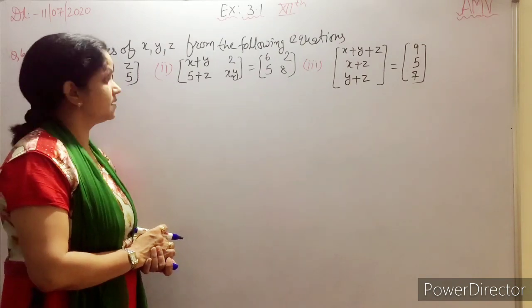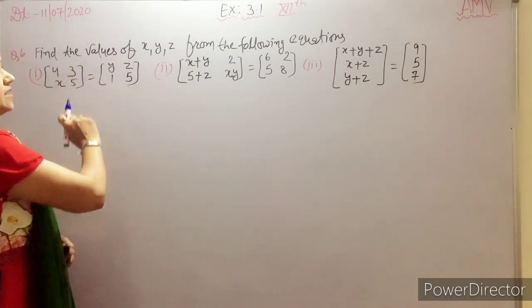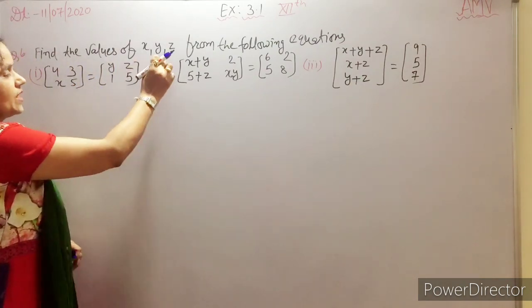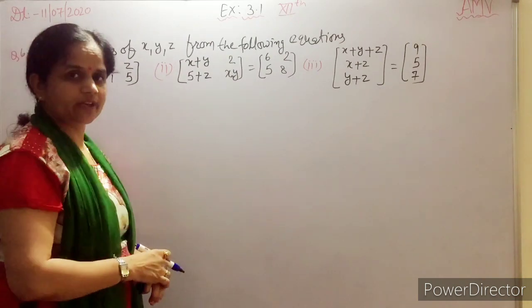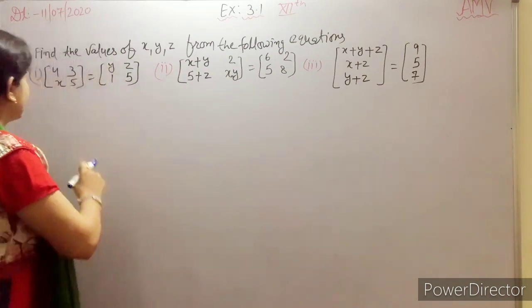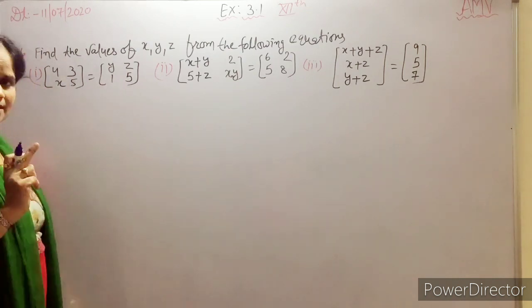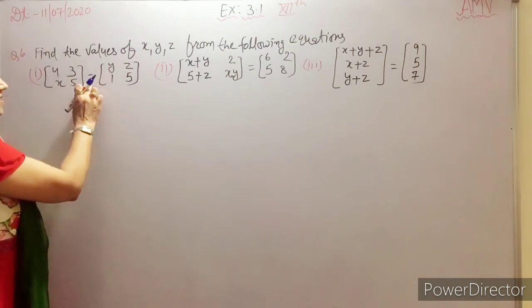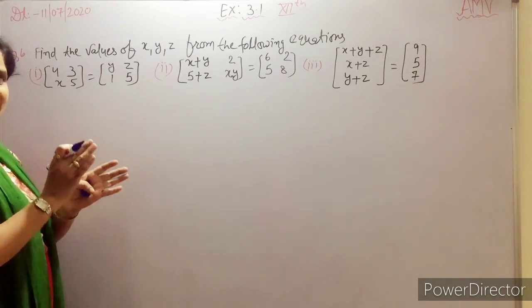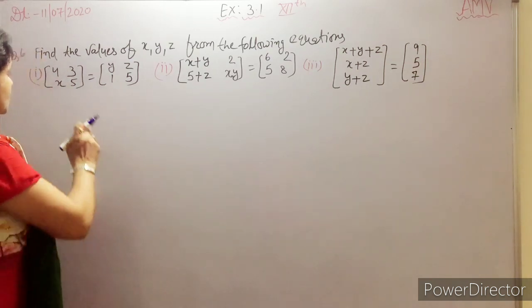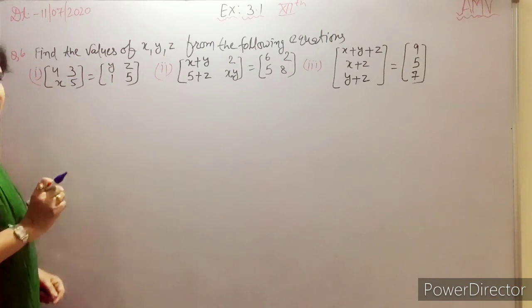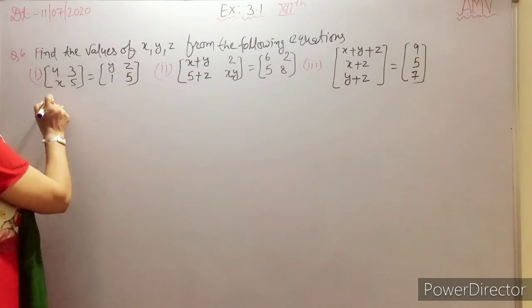Now, the next question is: find the values of x, y, z from the following equations. The first part of this question is this, student. Here two matrices are given and the sign is equal to, it means the matrices are equal. So corresponding elements must be equal. Okay, student.